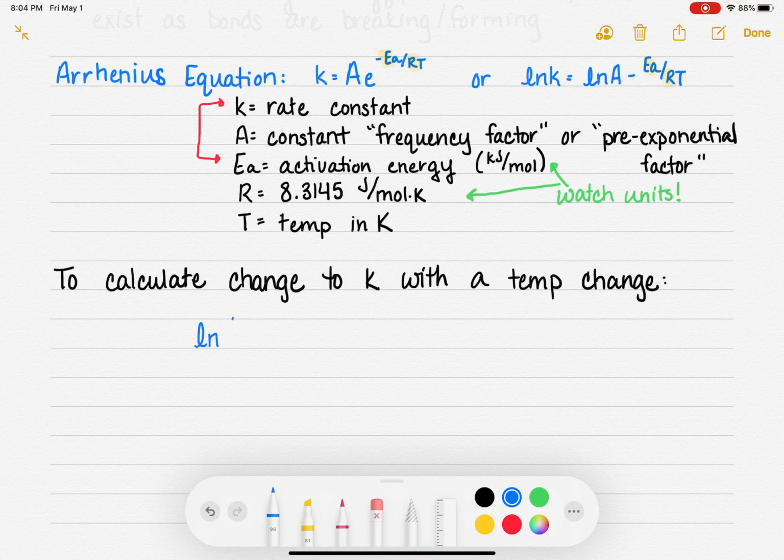And that's going to be the natural log of one of the K's divided by the other K. So I'm going to call one K1 and the other one K2. And it doesn't have to be an initial or a final or anything. And that's going to be equal to E sub A over R times T1 minus T2 over T1 T2.